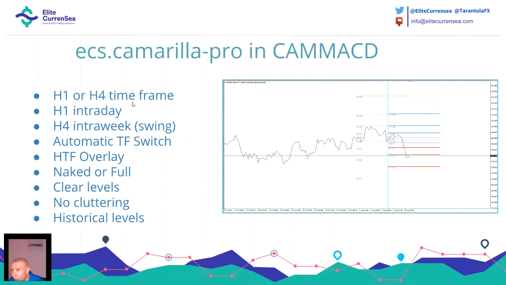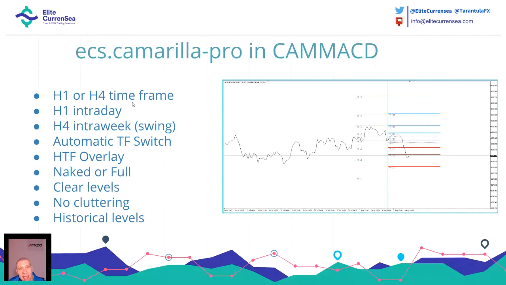When you open the 1 hour time frame, it will show you daily levels and weekly levels. If you open the 4-hour time frame, it will show you weekly levels and monthly levels. If you open the daily time frame, it will show you monthly levels and quarterly levels. Those are very, very important, guys, because on this indicator you can actually combine multiple time frames into a single one.